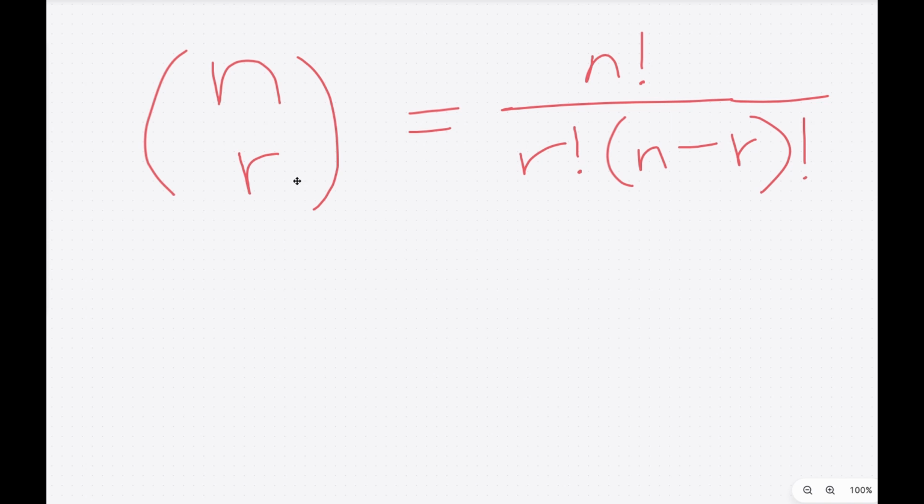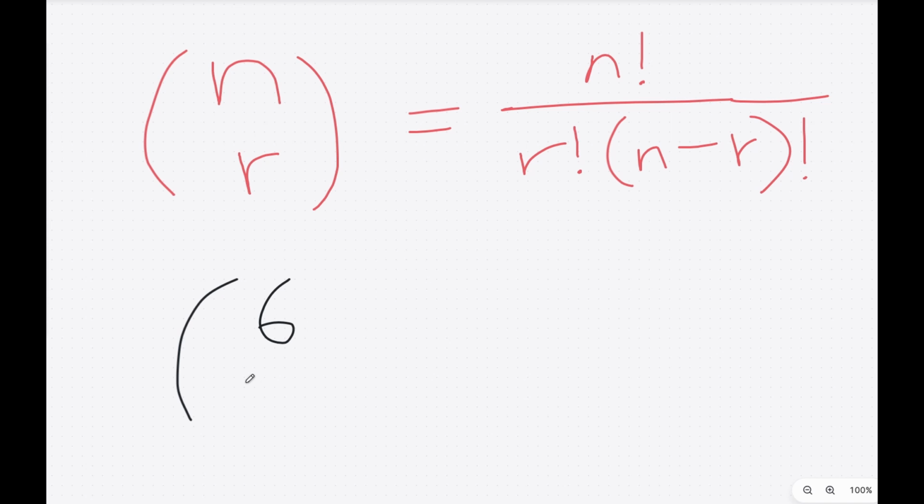Our combination is 6 choose 2, so substitute 6 for n and 2 for r, and we could solve this and get the answer, but it looks like it's going to take some work. There is a shortcut, though, for smaller combinations. Usually, this is the way we compute combinations.